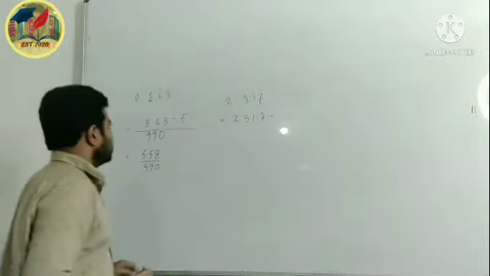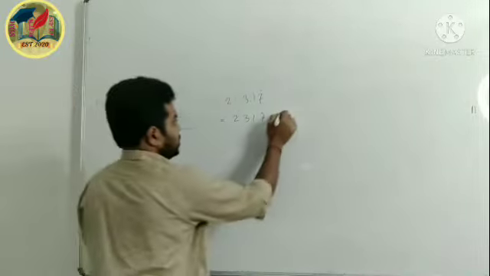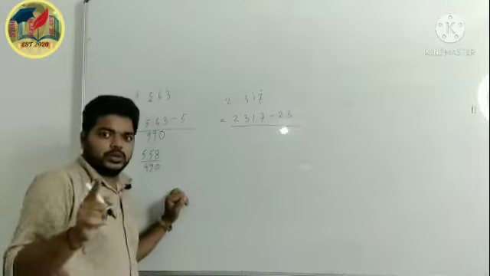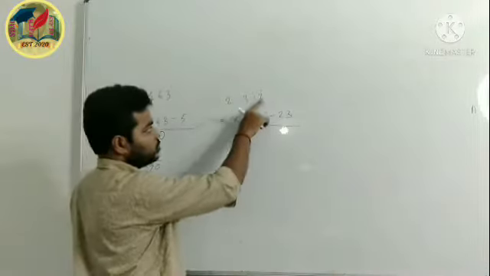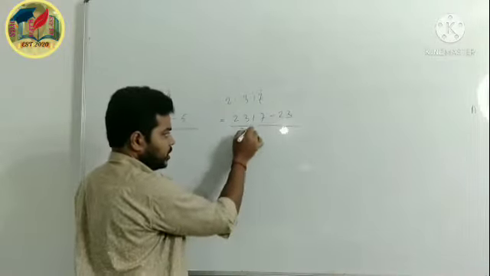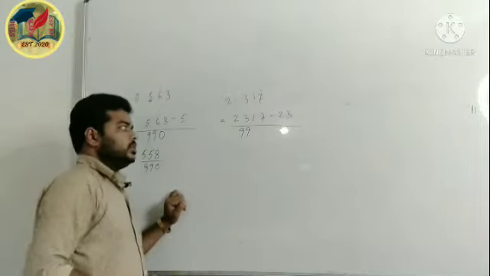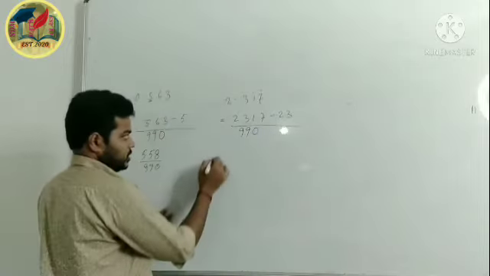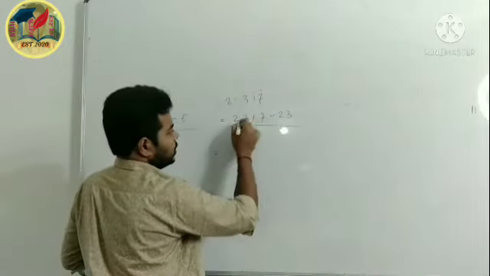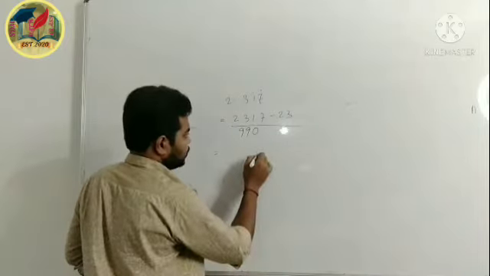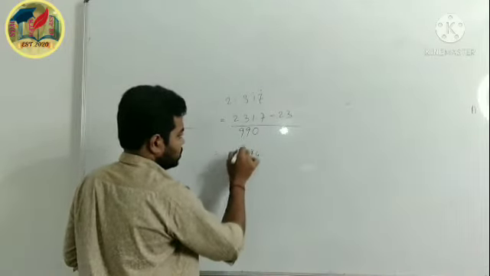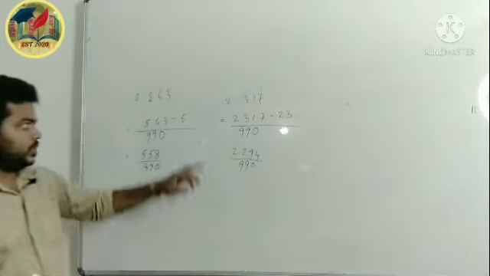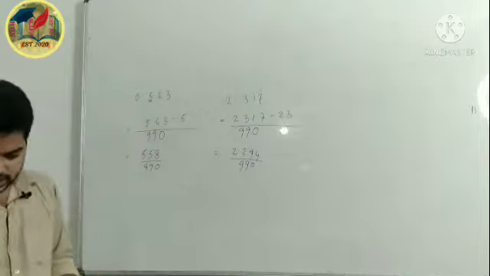Now subtract the number which have no recurring, that is 2 and 3, divided by number of 9 which have recurring digit. There are 2 digit recurring, that is number of 9 is 2, and after decimal number of non-recurring digit is 1, so we replace 10. This equal to 2317 minus 23, and 99 into 10, that is 990. This is the common fraction whose decimal expansion is this.